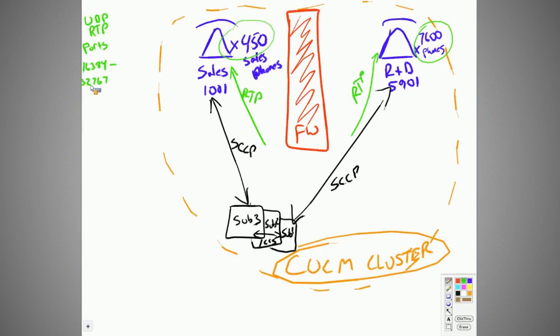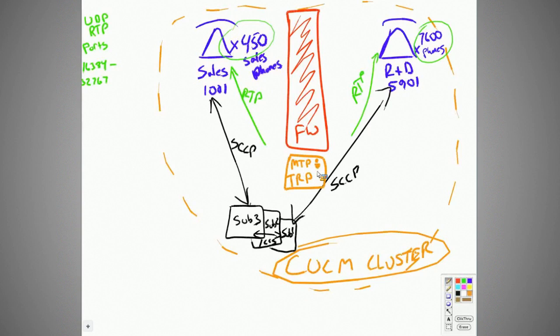Even if I can summarize those with groups and named objects, I just probably don't want to as a security administrator. So instead, I say that even for phones that are talking to each other, they need to invoke a special entity called an MTP, a media termination point, that's used as a trusted relay point.